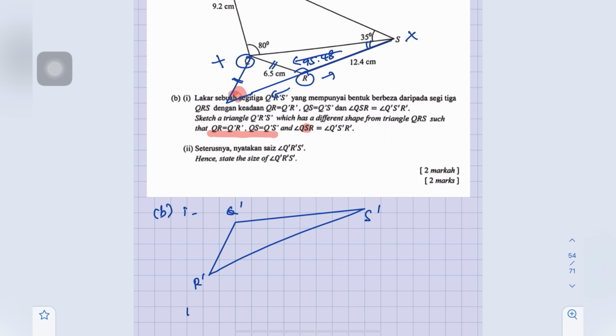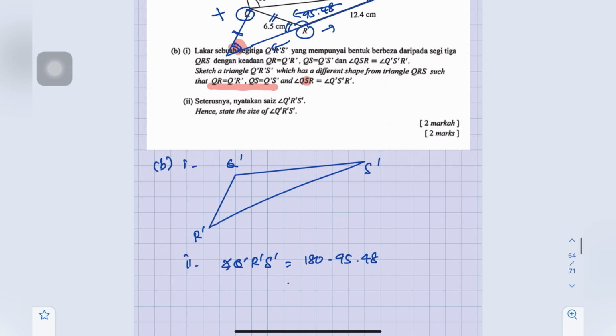So Roman 2, angle Q prime R prime S prime equals, yang ni lah, these two are same sebab dia segitiga sama kaki kan, 180 minus 95.48, which equals 84.52 degrees.